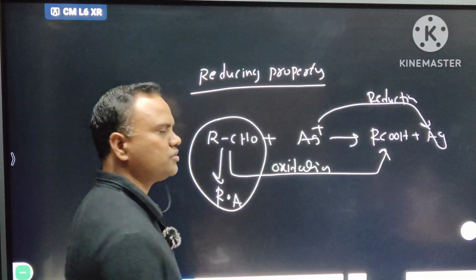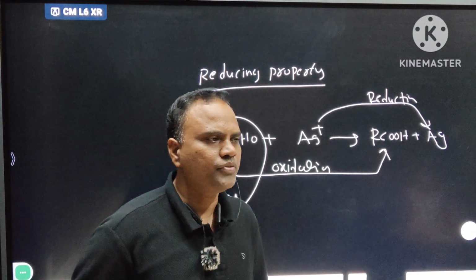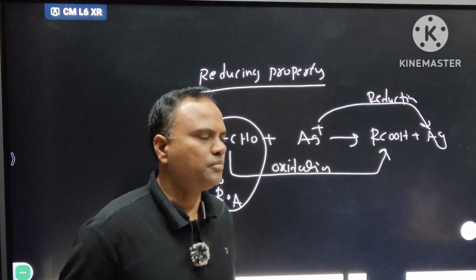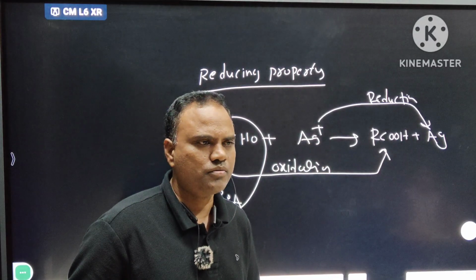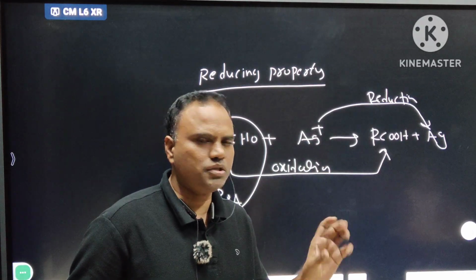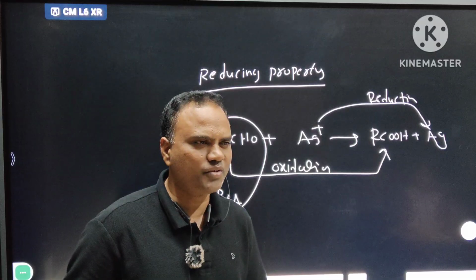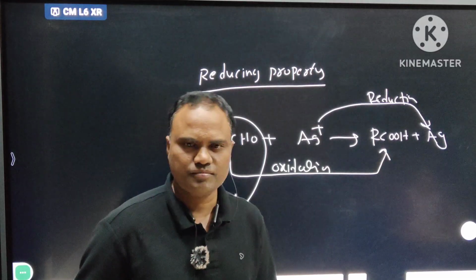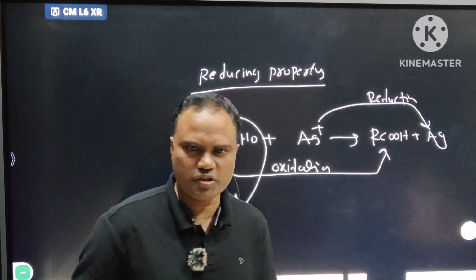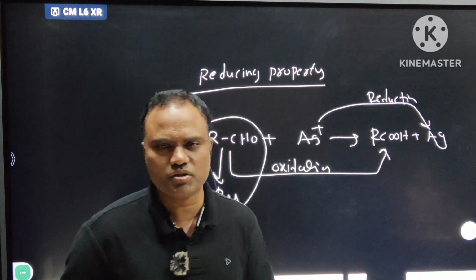So aldehyde is a reducing agent. Why? Because it is reducing Ag plus. So in a compound, if an aldehyde is present, we can call that compound a reducing agent. In any compound, if CHO is present, we can call that compound a reducing agent.